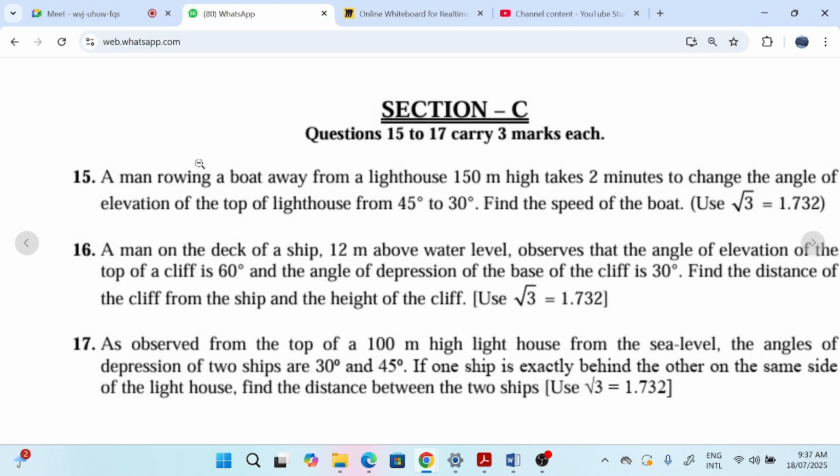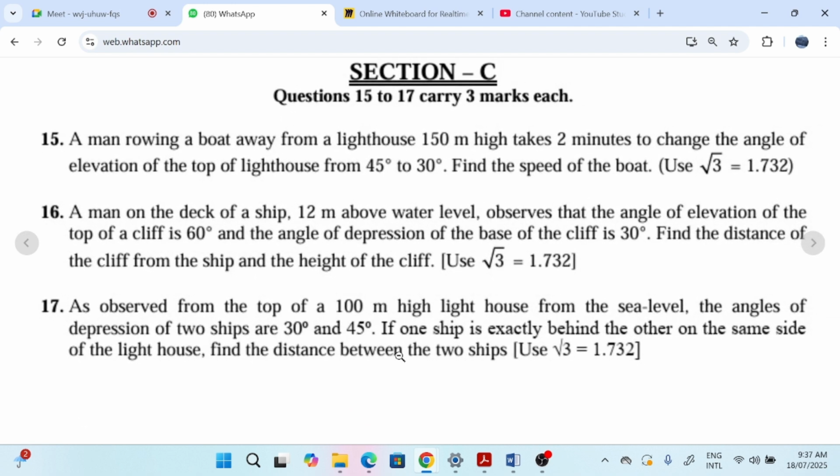Now question number 16. Oh, I have to copy paste it.